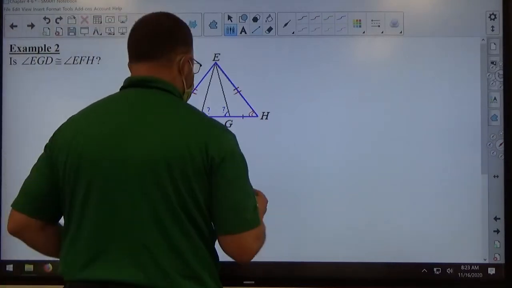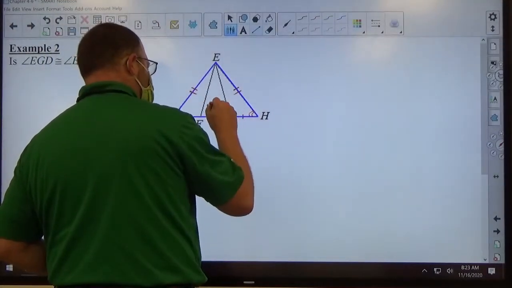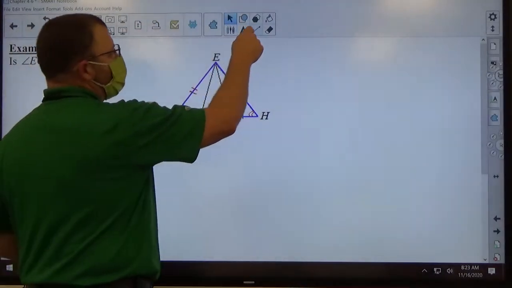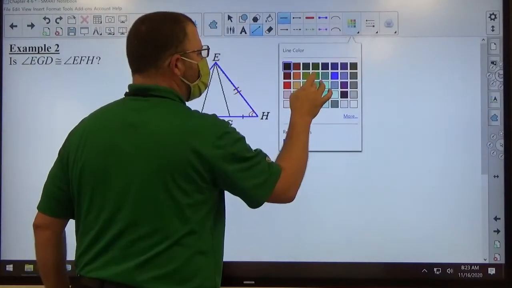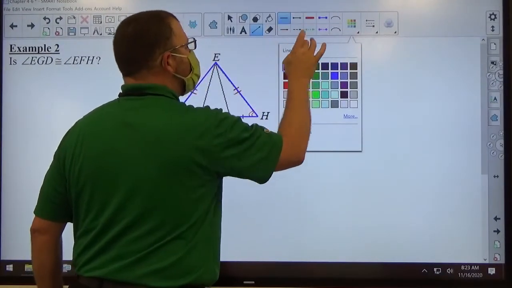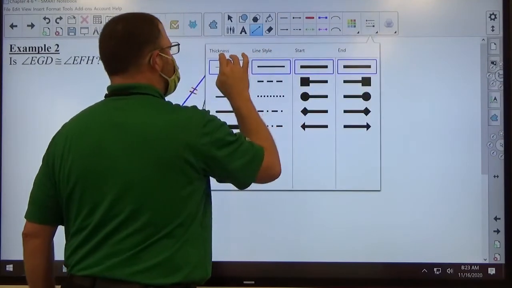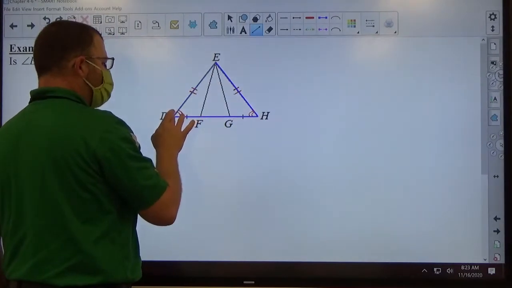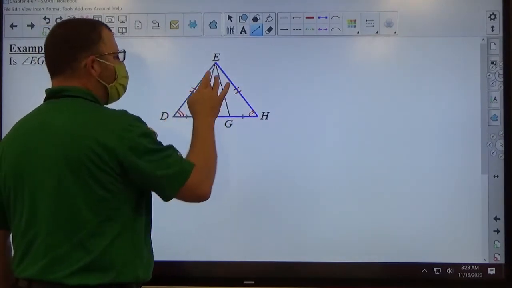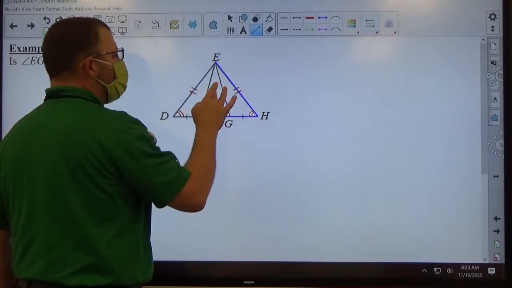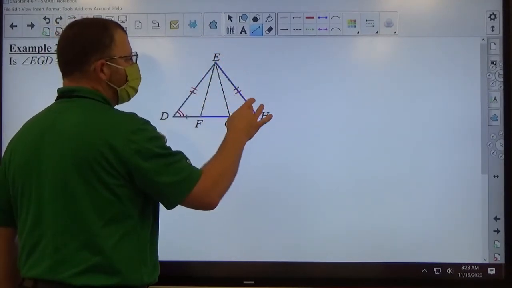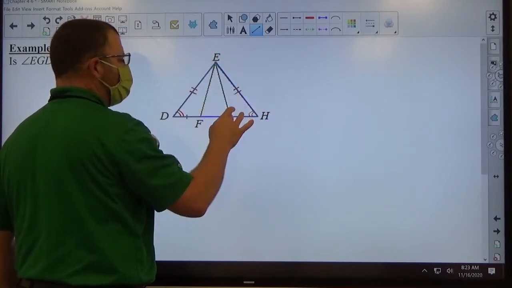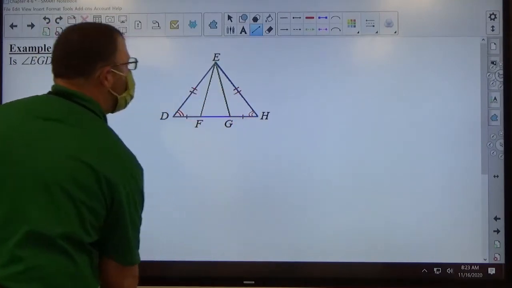All right? Let me erase my things there. So, looking then at these two triangles, these smaller triangles, let me just get a different color here. Let's go with green. If you look at this triangle here, which is EDF, and EHG, I'm going to record down stuff that we know as we find out.